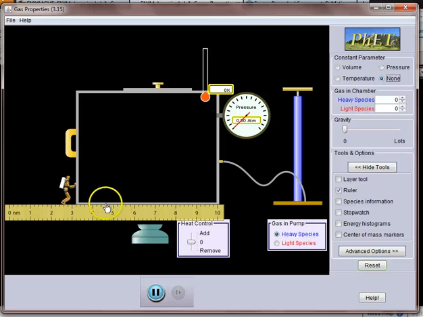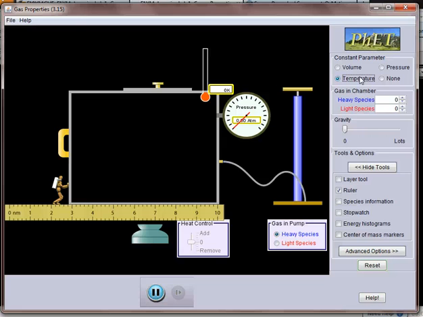This is also a little tricky. Okay, so first you choose the constant parameter as none and move the right edge to number 3. Now set the constant parameter to temperature.